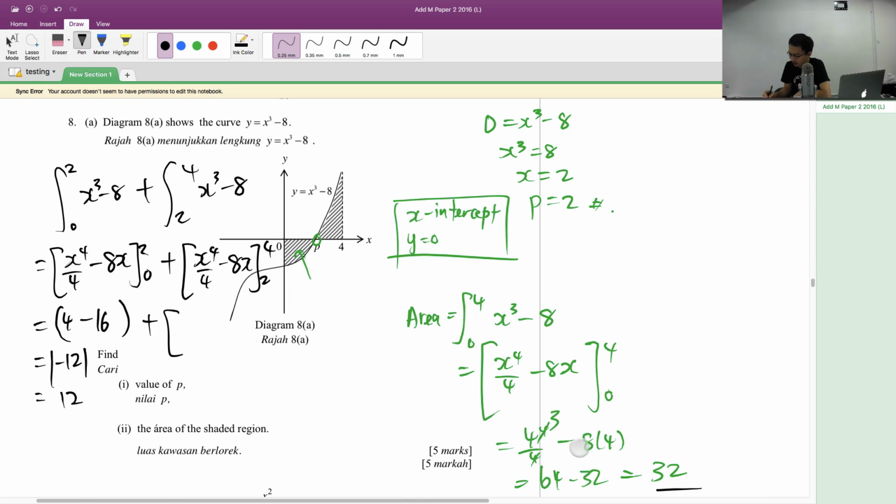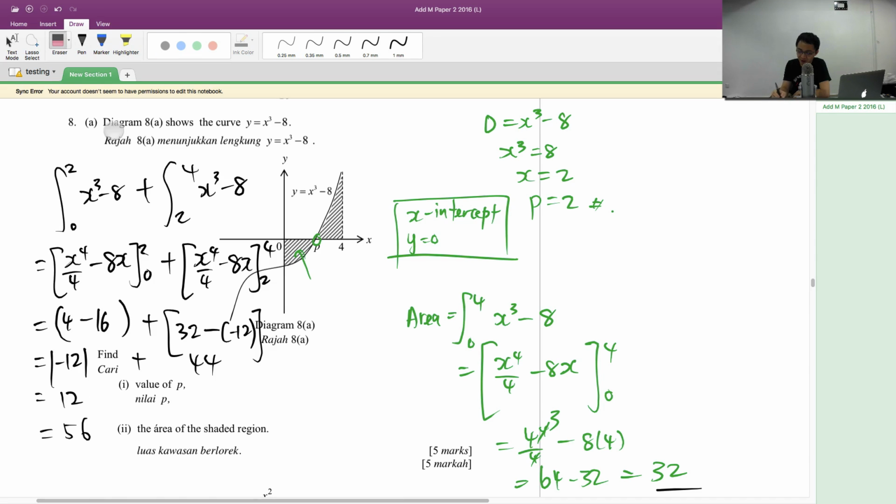We substitute the 4 here, we get 32. Minus, we substitute 2 here, you get negative 12. So this one basically gives you 44. So you have to add 44. So the answer is 56.